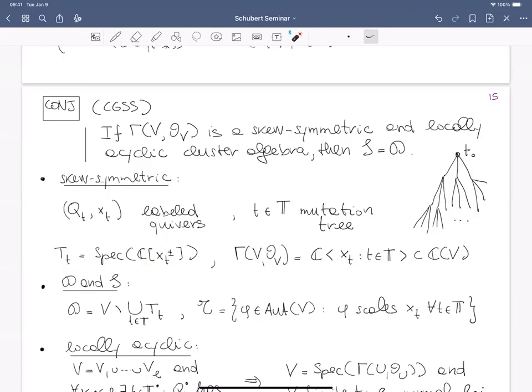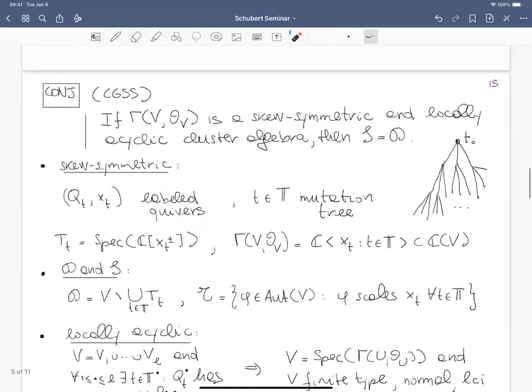And overall, we can form a subalgebra of the function field of V, which is the algebra generated by the labels that show up in all mutations. So as you mutate, you'll see more and more labels showing up on your quivers. You put all of them together, and you take the subalgebra generated by all these labels. So infinitely many typically.